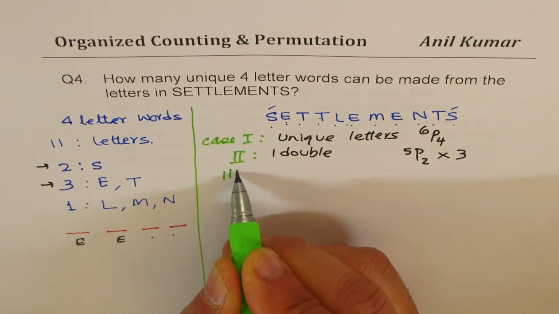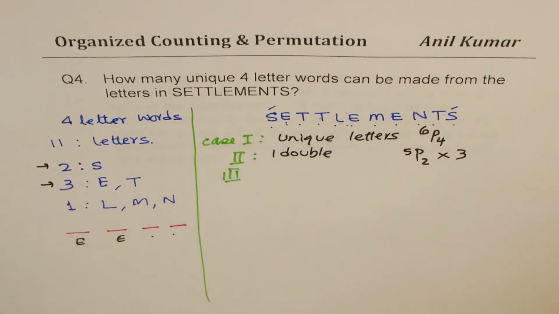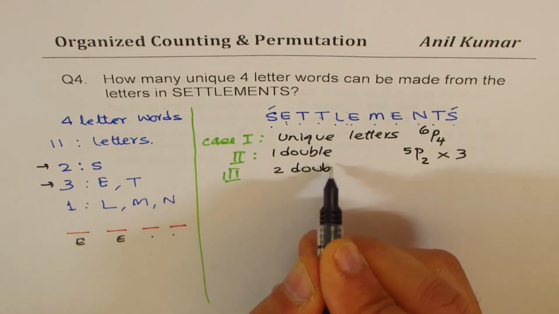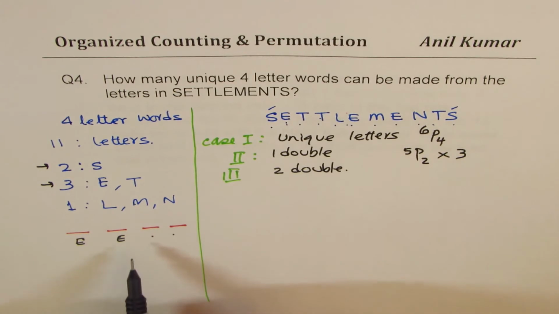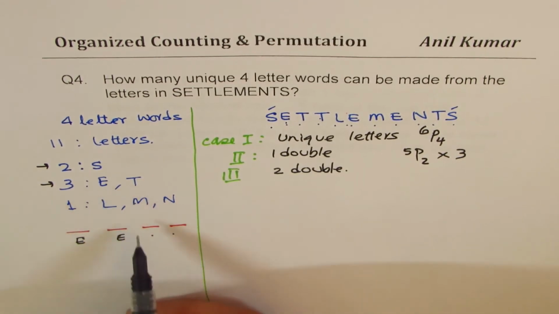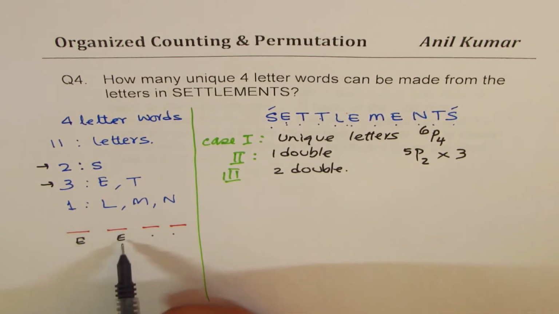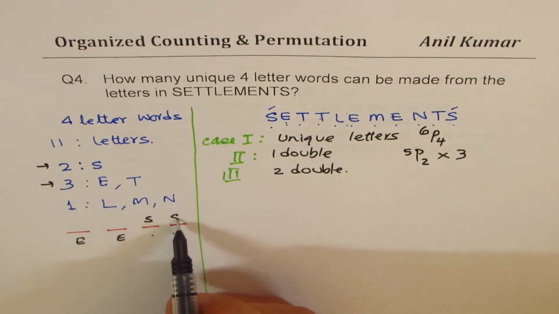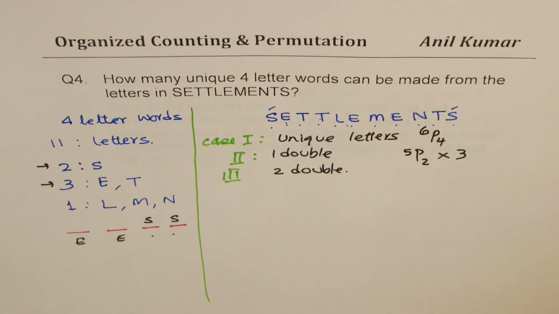Now the third case could be that we have 2 doubles. Now 2 doubles means we could have 2 E's and, for example, 2 S's. Is it okay? So now we are working with 4 letters, 2 repeated.